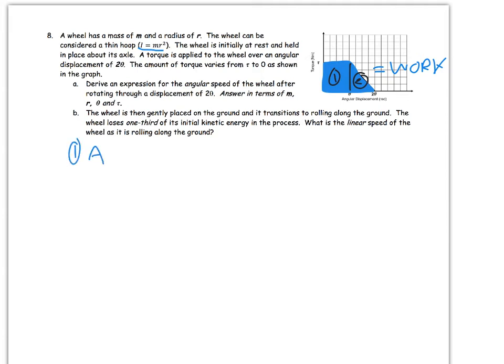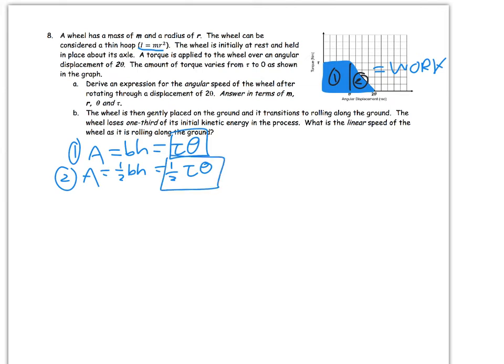For the first segment, area is base times height, so it's just going to be tau times theta. For the second one, it's a triangle, so 1/2 base times height. The base is theta, the height is tau, so 1/2 tau times theta, which means my total work done is 3/2 tau theta.